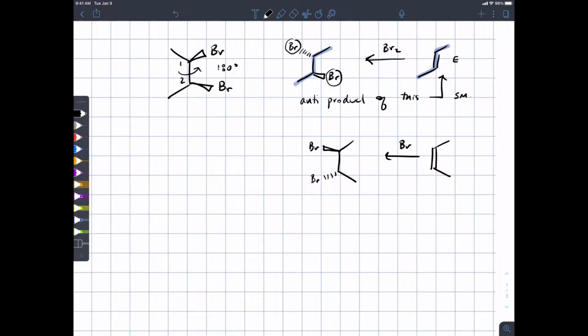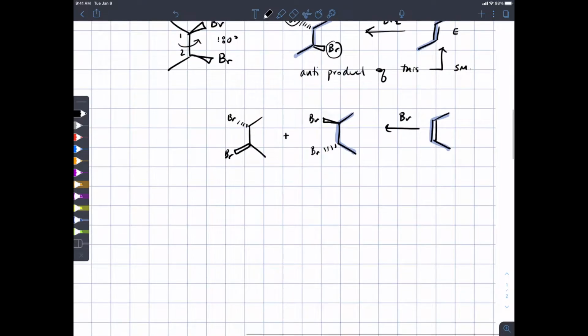But the only reason it looks like an anti-product is that I've just continued to draw the atoms of the double bond in the same orientation. I should point out that the molecule I've drawn is chiral, and we would get the other enantiomer as well. But I will also point out that you could draw this molecule by rotating 180 degrees, in a different orientation that might make it look like a syn product.